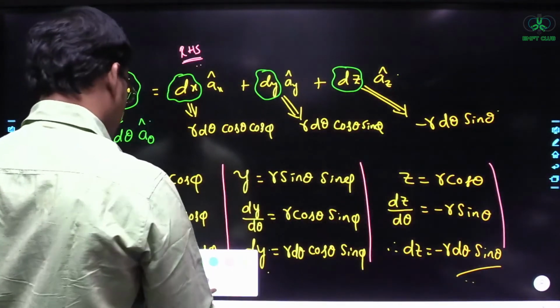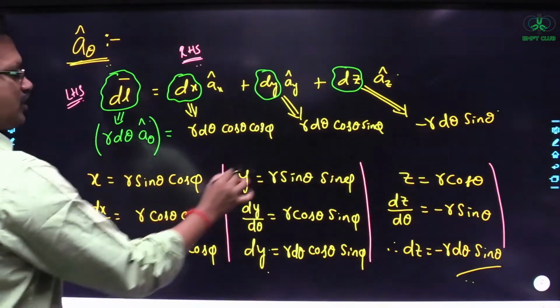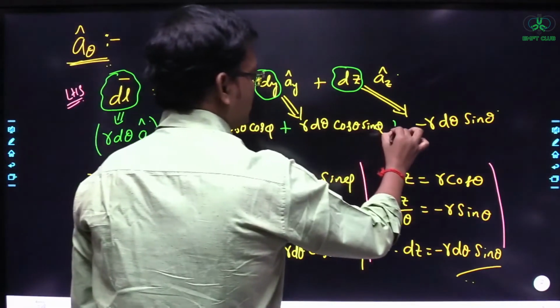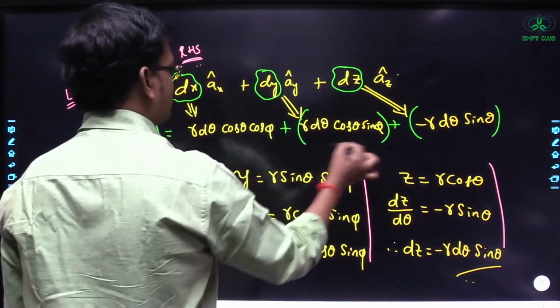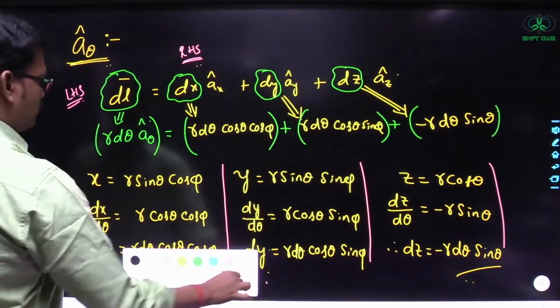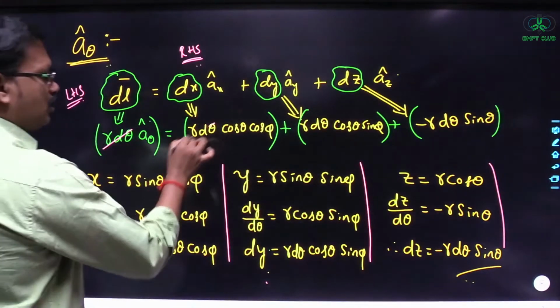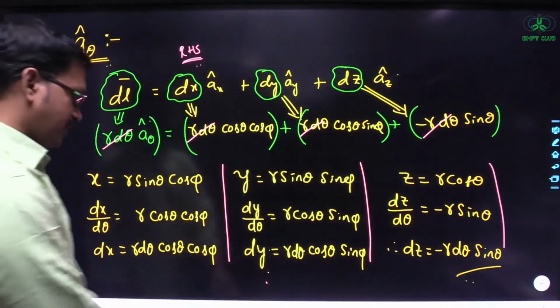Right. So if you observe here, this is r d theta a theta cap, and here plus of this one. So these are the terms that we got. If you observe on both sides, this r d theta will get cancelled.